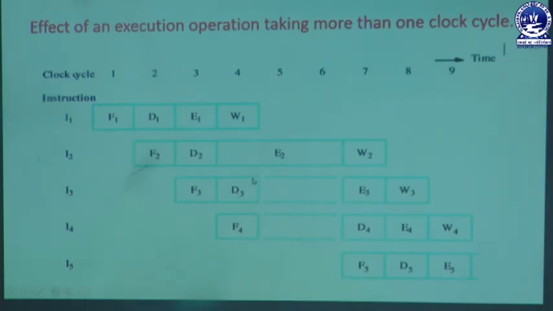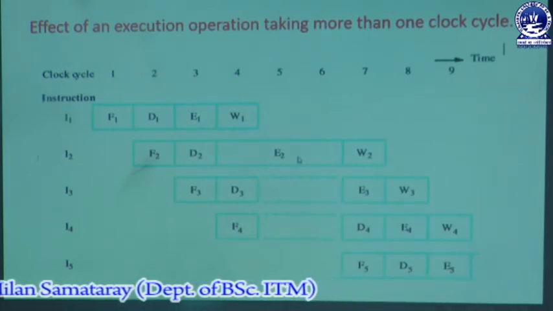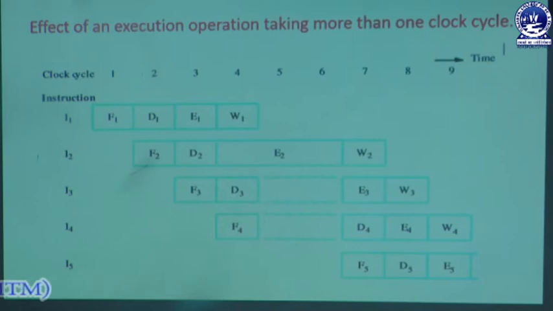I3 would go to the execution stage in the fifth clock cycle if I2 completed its execution in the fourth clock cycle, but it takes more than one clock cycle. So I3 has to wait until the execution unit is free, that is, until clock cycle 6.